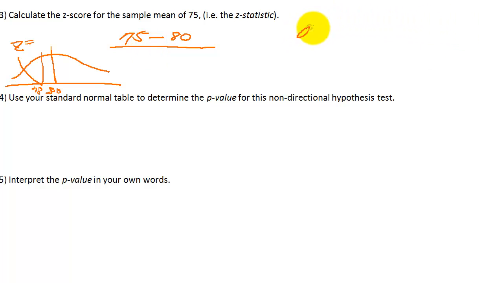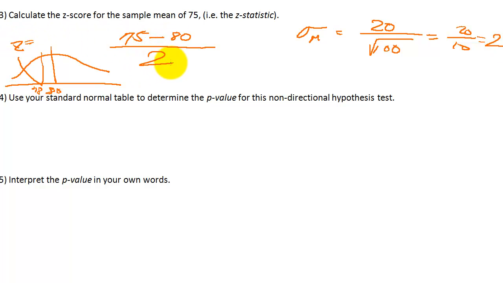The sample size is 100 and the standard deviation was 20, so the denominator is 2, and that gives the Z score of minus 2.5.